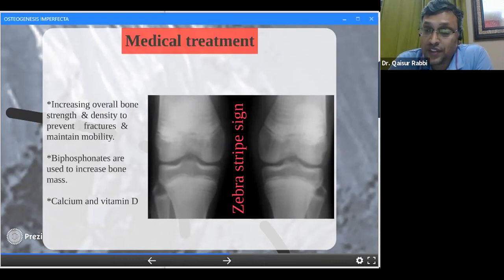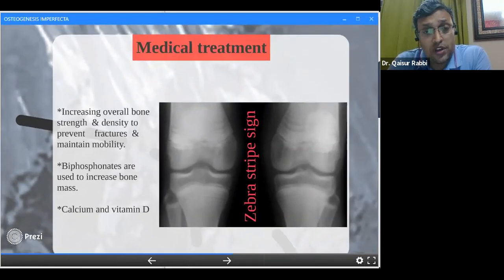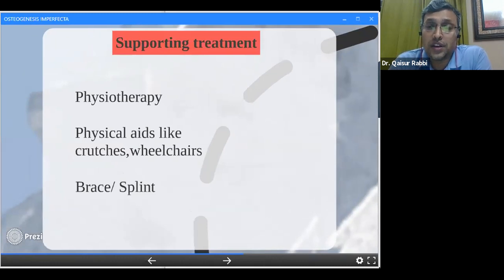Along with that, we need to prescribe some calcium and vitamin D because these children are bedridden or don't go out in sunlight that much, and there is a possibility that they may be suffering from calcium deficiency and vitamin D deficiency also. There is some controversy regarding the supportive treatment, like whether we want to go for braces, whether we want to immobilize the limb after fracture, and for how long.